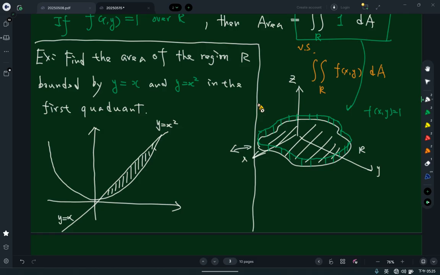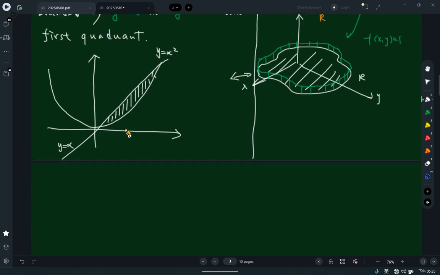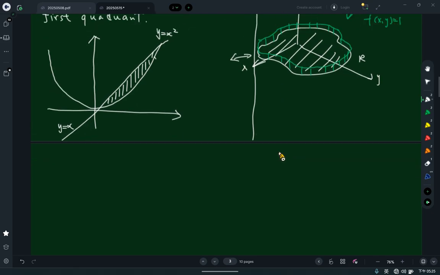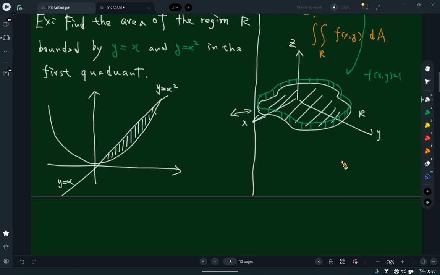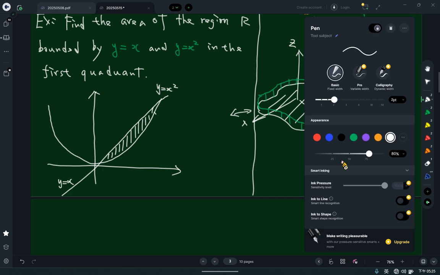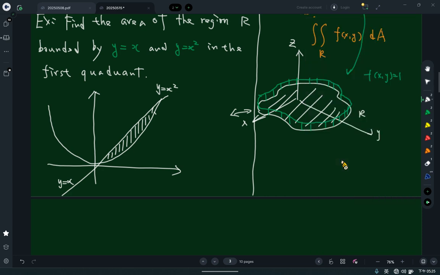So what we need to do is construct the integration. For this, we can try to get the integration from these 2 points. How can we get it? We can have y is equal to x squared and also y is equal to x happening at the same time.